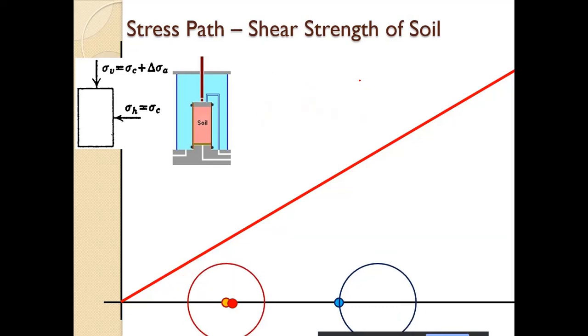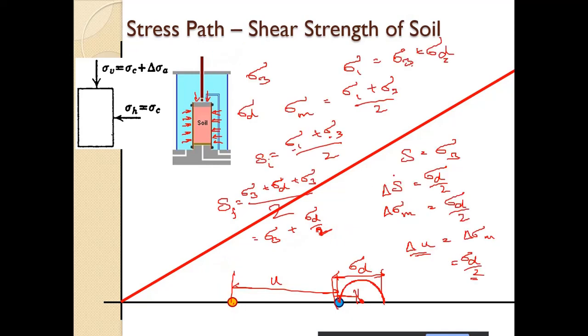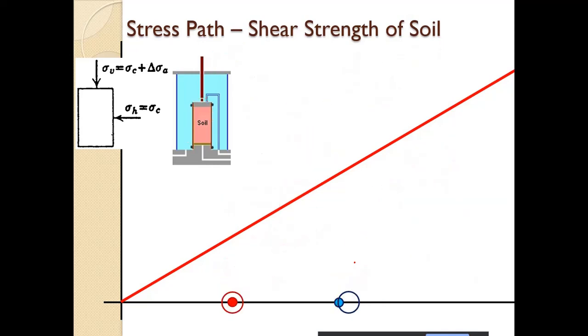Now I need you to understand the concept of sigma d by 2, the increment of delta u is equal to sigma d by 2. That is what I have shown here. Initially the effective confinement was sigma 3 plus sigma 3 by 2, which is sigma 3.